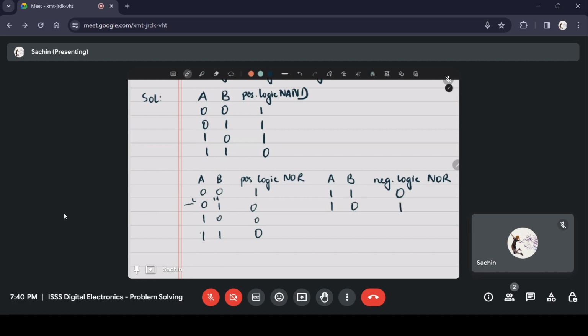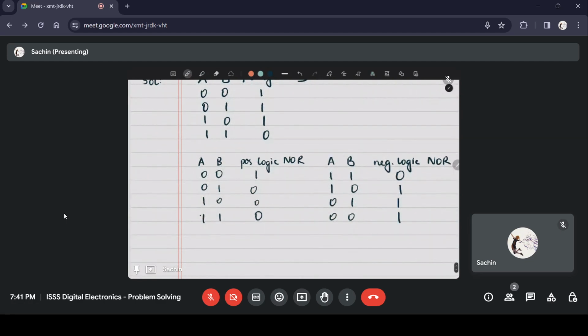So you get a 1. So essentially, if you want to write the truth table for the negative logic, then you invert the inputs and also the output. So 1 1 will give you 0, 1 0 will give you 1, 0 1 will give you 1, and 0 0 will give you 1.